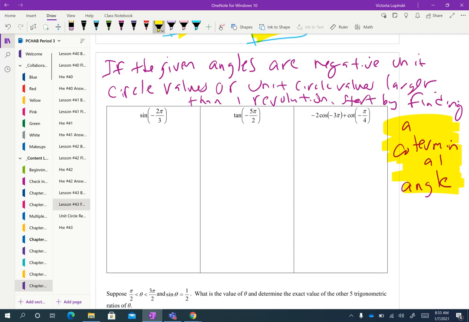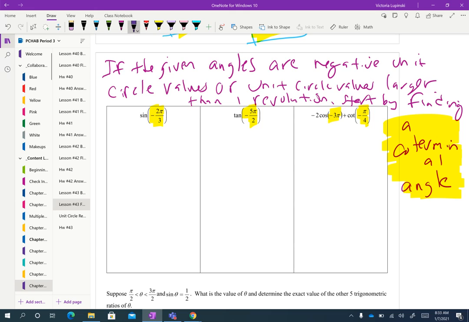So again, these quick, easy ratios only work for things that are on the unit circle. So it has to be on the unit circle somehow, but if you get a unit circle value that is negative, or one that is larger than 1 revolution, you have to make sure that you first start by finding a coterminal angle.